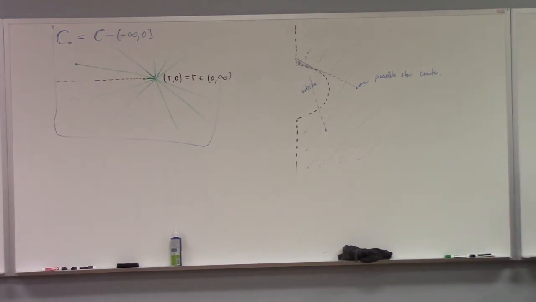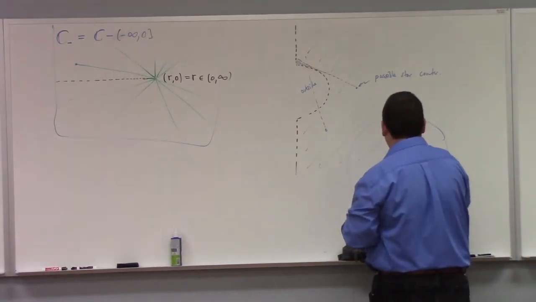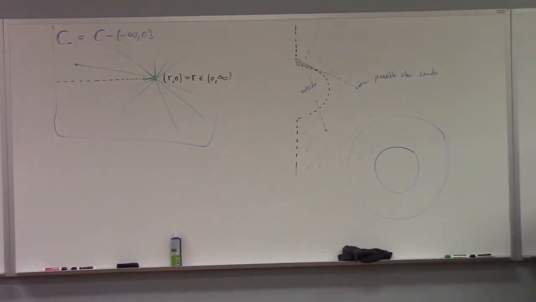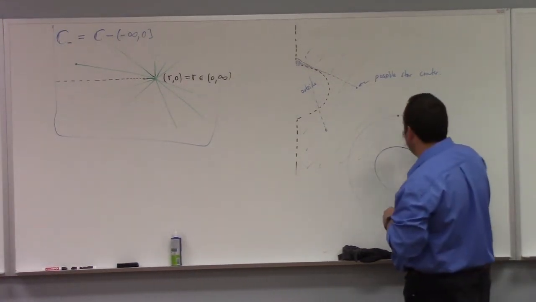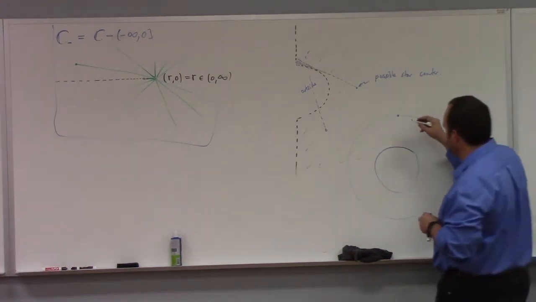Here's a more pragmatic example that we'll see later in the course. Something like this, an annulus, right? Not star-shaped, right? So the best case you can hope for is maybe to put the star center right here, and then you just start thinking about it.